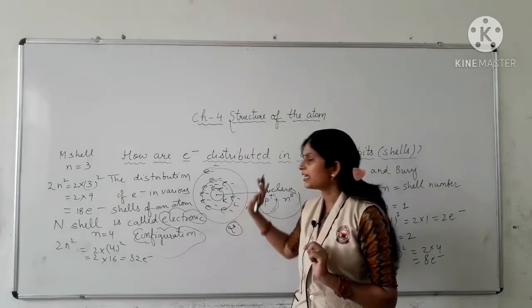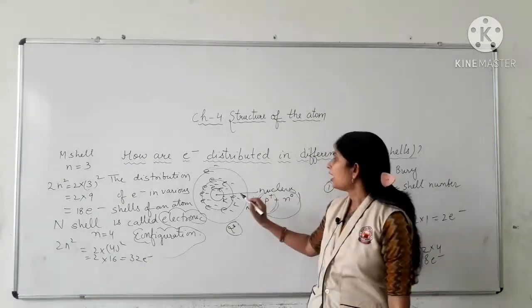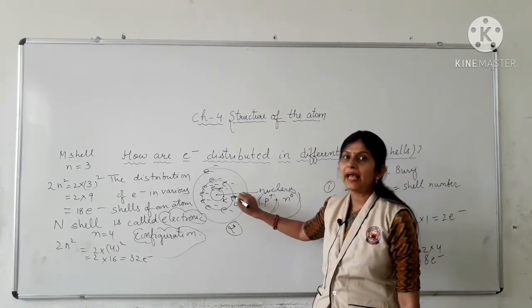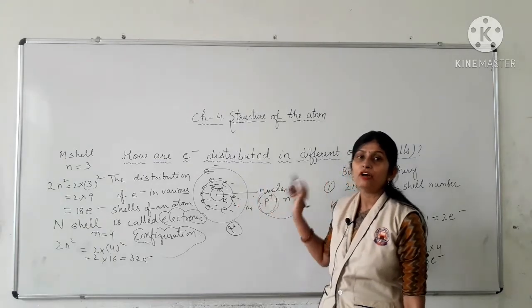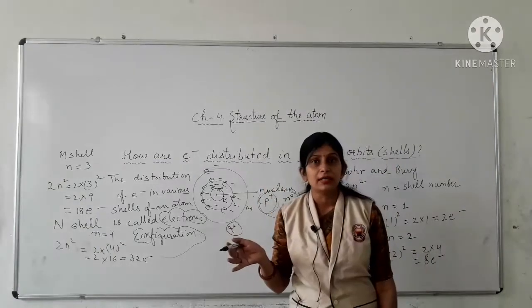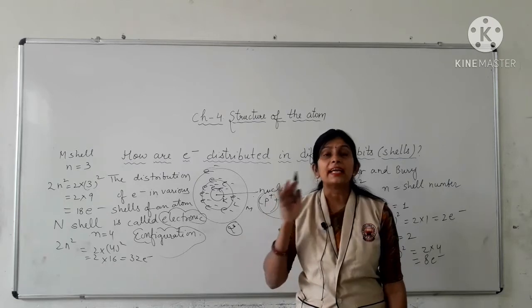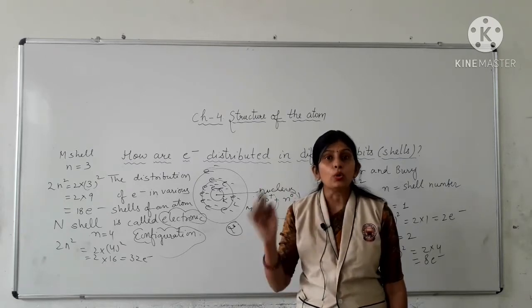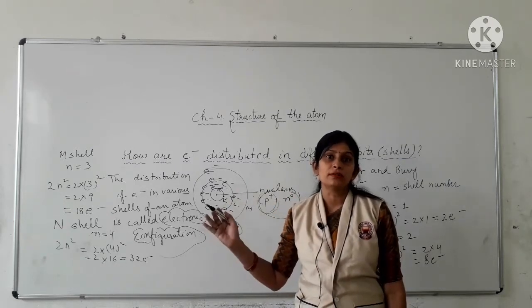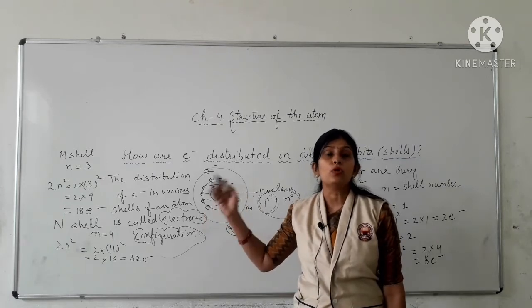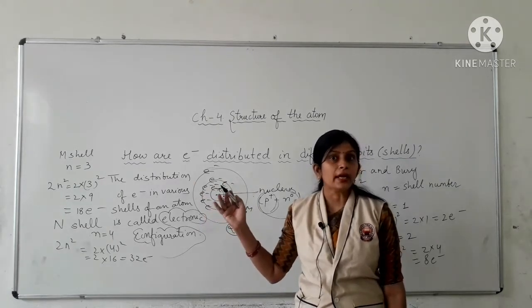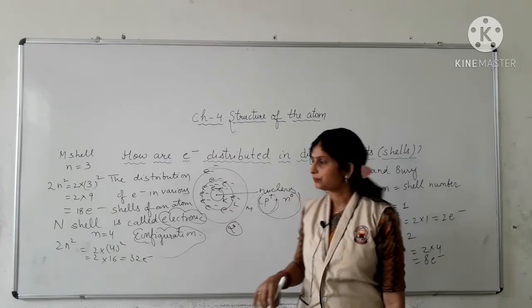So except K shell, if the outermost shell is L, M or N, whatever their capacity, it doesn't matter. They can accommodate only 8 electrons if they are the outermost shell. Not more than that.